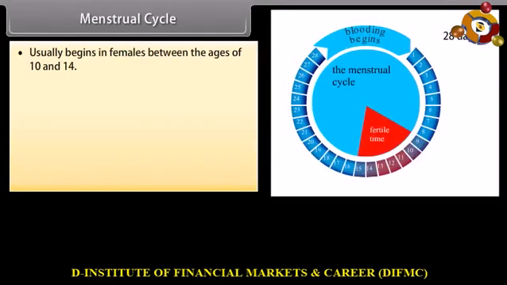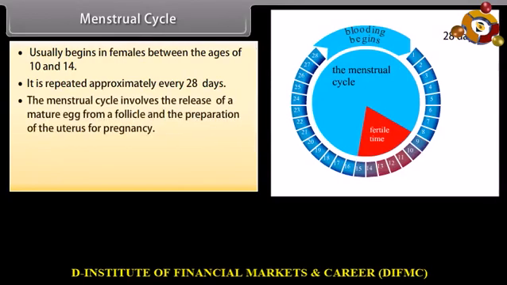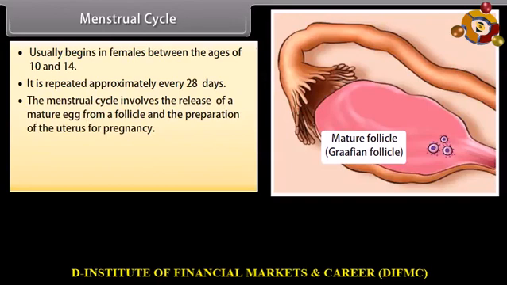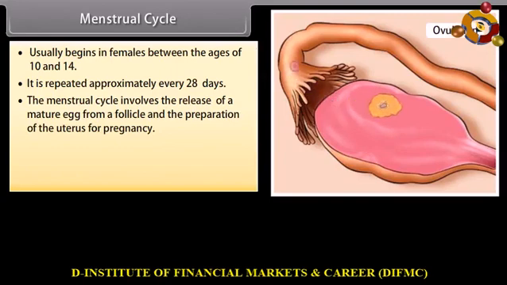The menstrual cycle usually begins in females between the age of 10 and 14. It is repeated approximately every 28 days. The menstrual cycle involves the release of a mature egg from a follicle and the preparation of the uterus for pregnancy.